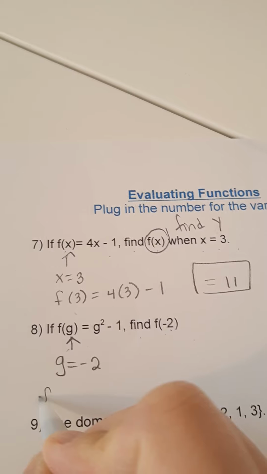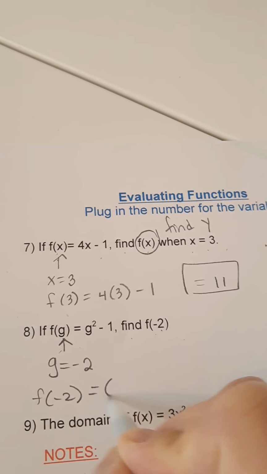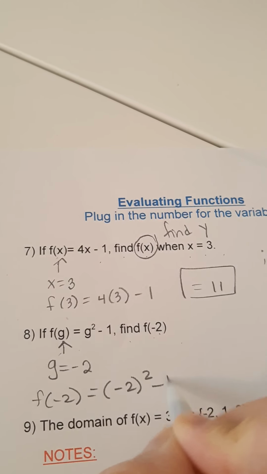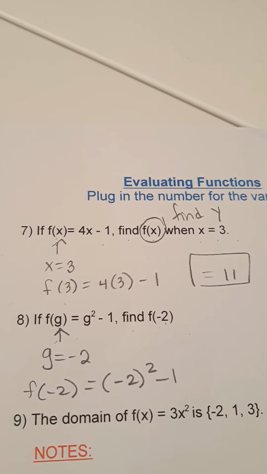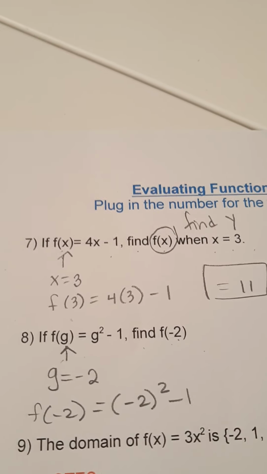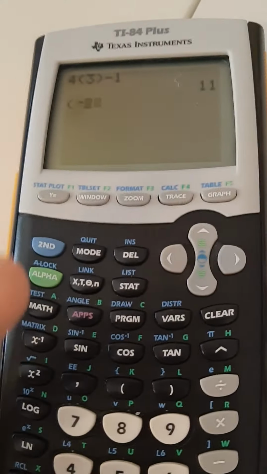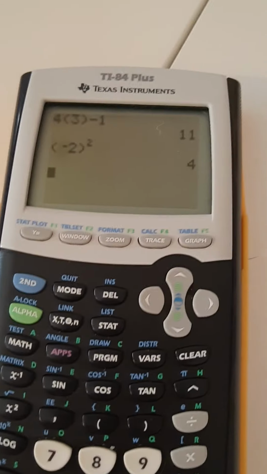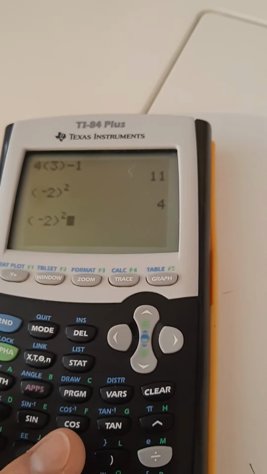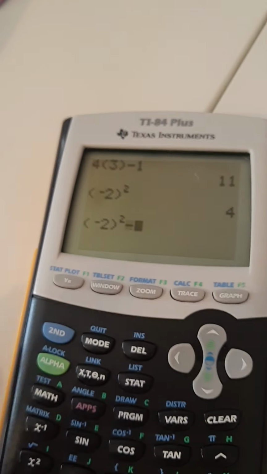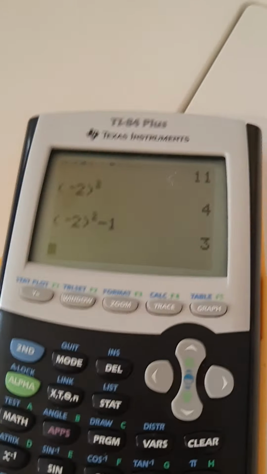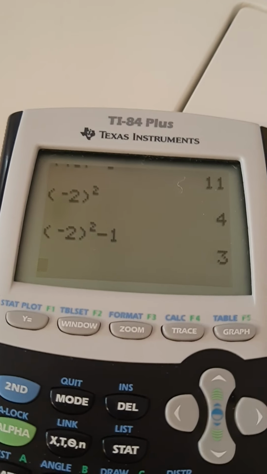So it's going to be f of negative 2 equals, wherever I see a g, I'm replacing it with a negative 2. Everything you substitute gets parentheses around it. Do everything in the calculator. Hit enter. Oopsies, I'm lying. I didn't finish the problem. Subtract 1. Okay, there we go. The answer is 3.